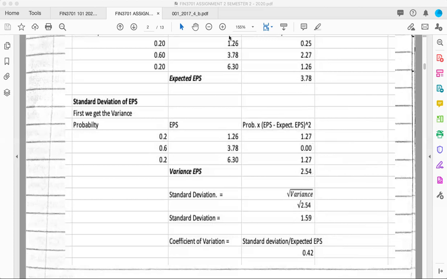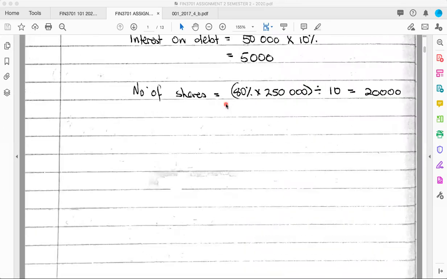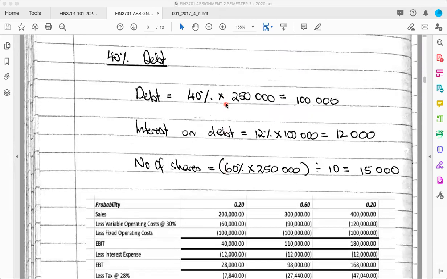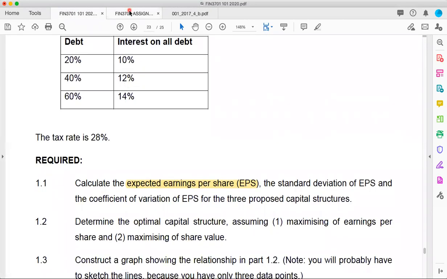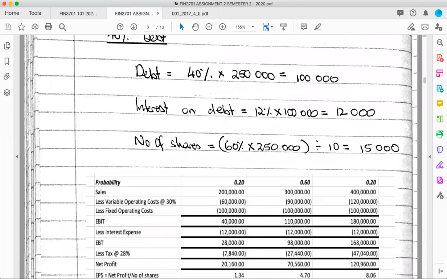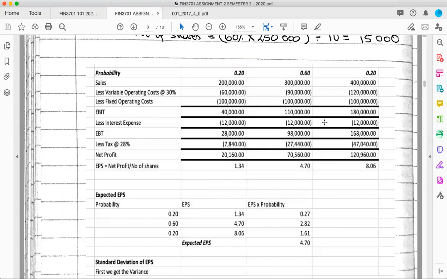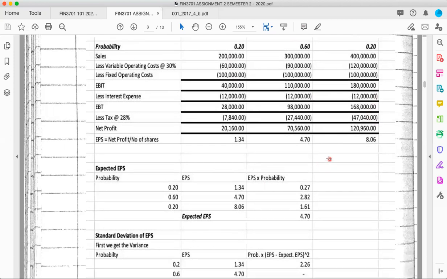Okay, so that calculation that I just did under the 20% debt, you would then repeat it exactly as it is under the 40% debt. 40% times 250, you get the debt. 12% times 100,000, where 12% is coming from right here. You get the interest expense, number of shares outstanding. If debt is 40%, the shares outstanding are 60% times 250 divided by 10, which is 15,000 shares. Recreate your income statement, 20%, 60%, 20%, get your EPS.